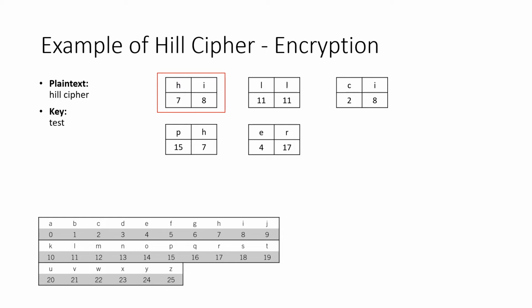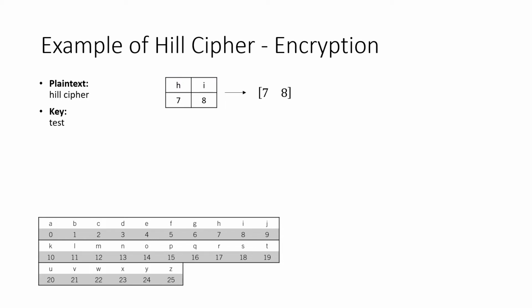So if you like, at some point, you can pause the video and do the calculation for the remaining blocks before I show you the results. But for now, we're going to focus on the first block. So at this stage, we are getting ready for our matrix multiplication. If you remember from the definition of Hill Cipher, in order to get the ciphertext, we need to multiply our plaintext by the key.